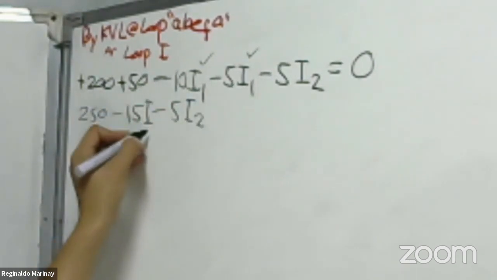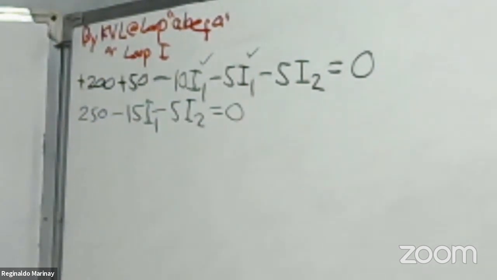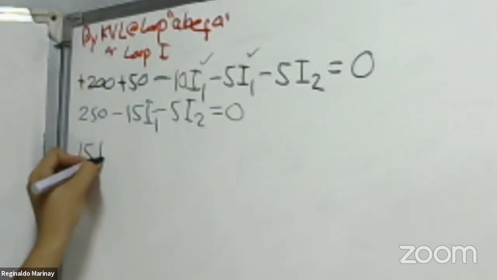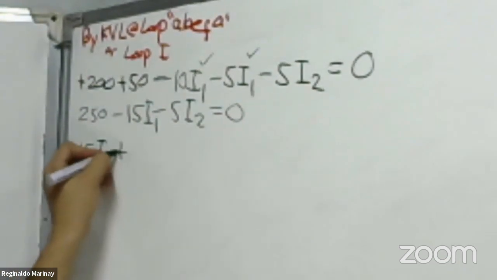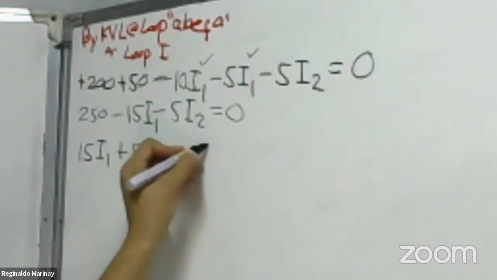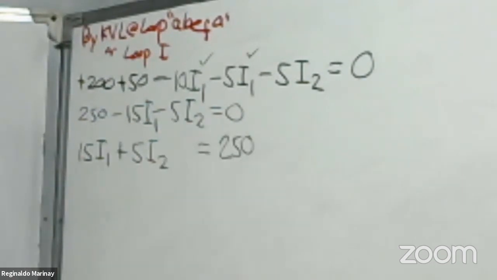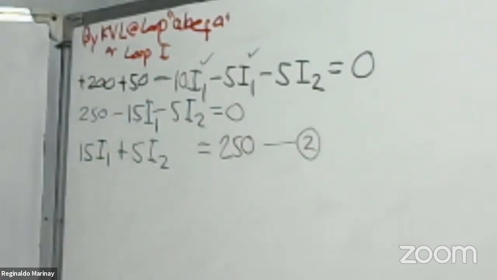That is equal to 0. Let us transpose the negative 15 I1, so it will become positive 15 I1, positive 5 I sub 2. So that is equal to 250. I will call this equation number 2.